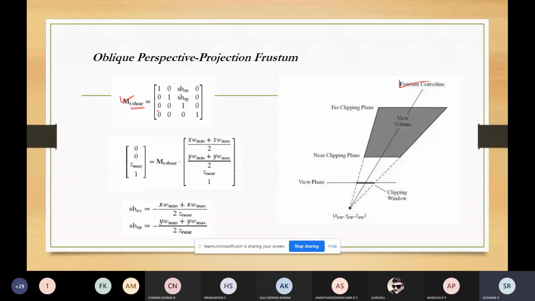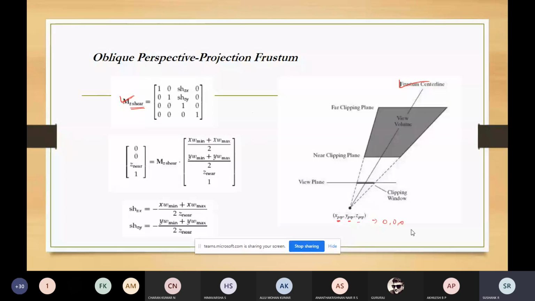To get this transformation, we make x PRP, y PRP, and z PRP be at the origin. Why take it as the origin?